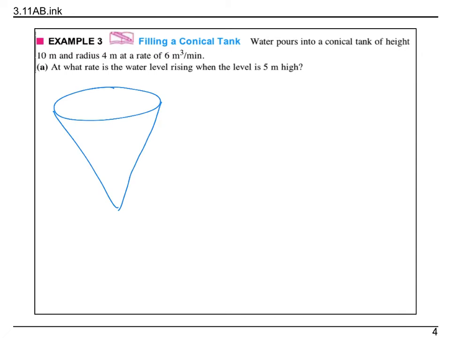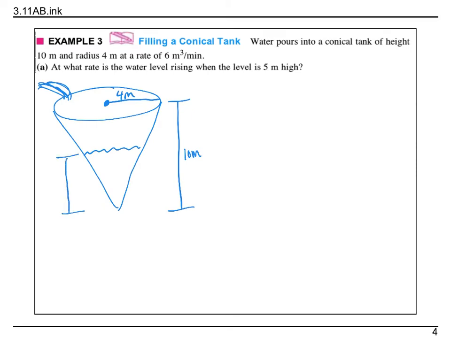So here's our cone. We know that the overall dimensions has a radius of 4 and a height of 10. And we have water pouring in again. And that is giving us a water level somewhere in here, right?